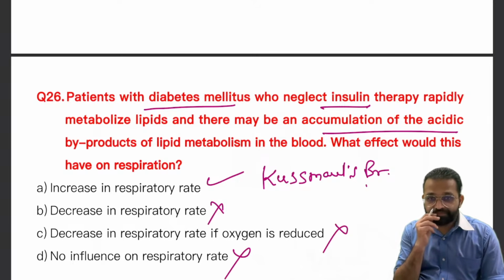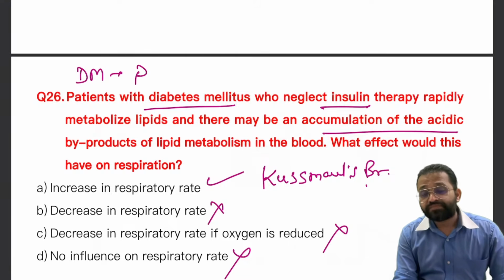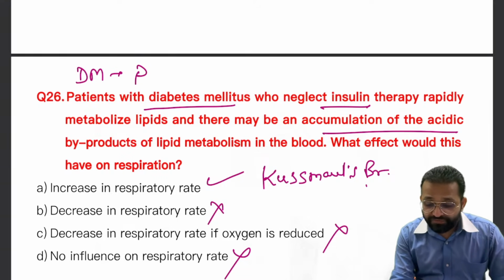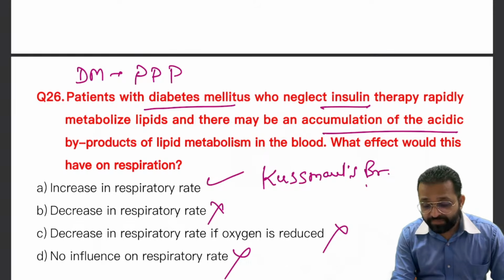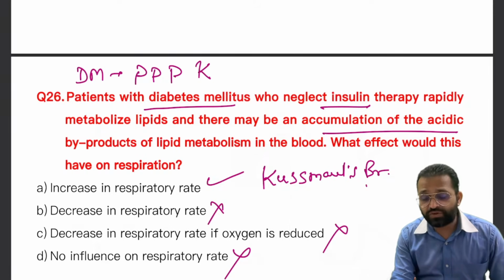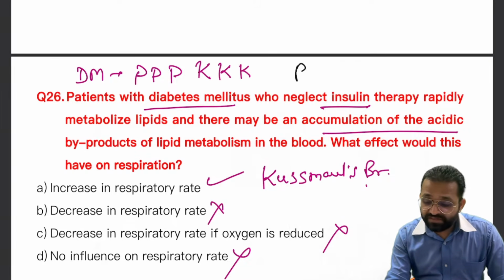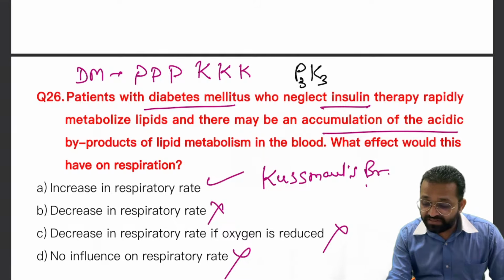Okay. So in case of diabetes mellitus, there is polyphagia, polydipsia, polyuria, plus ketonemia, ketonuria, ketoacidosis. So you will see the 3P and 3K.